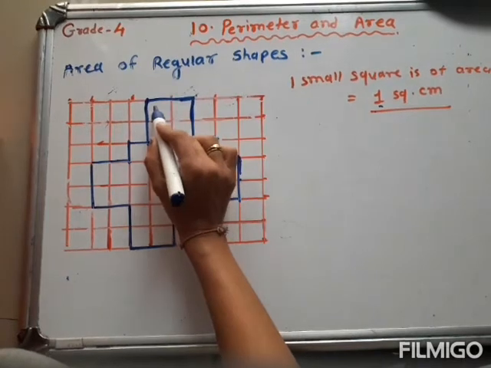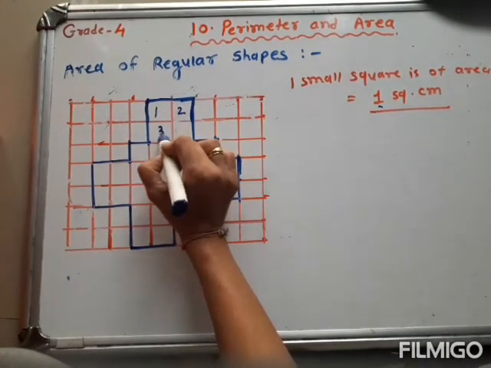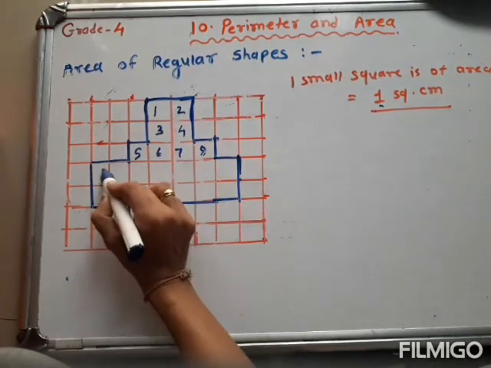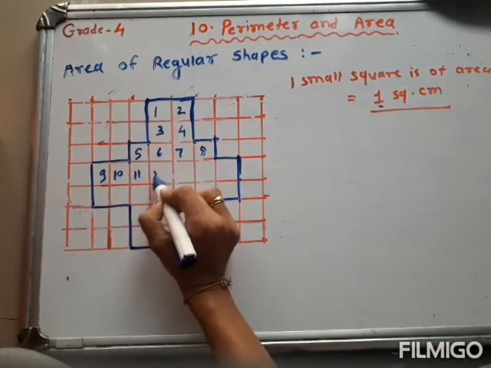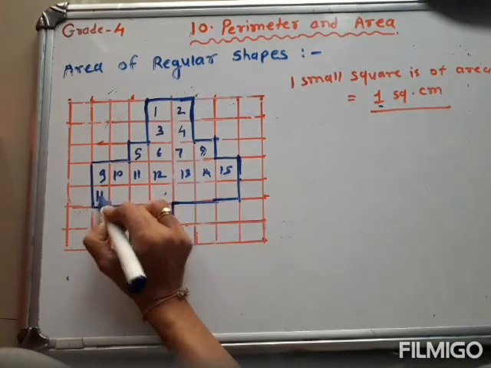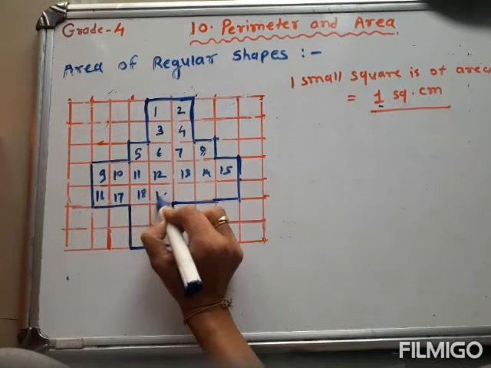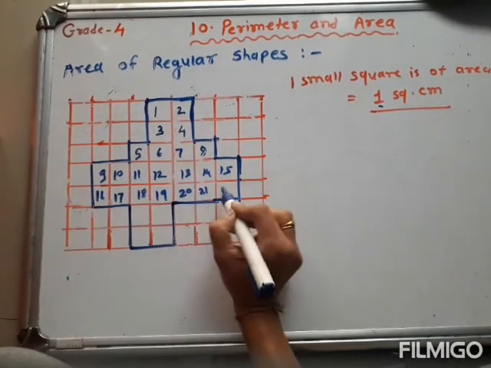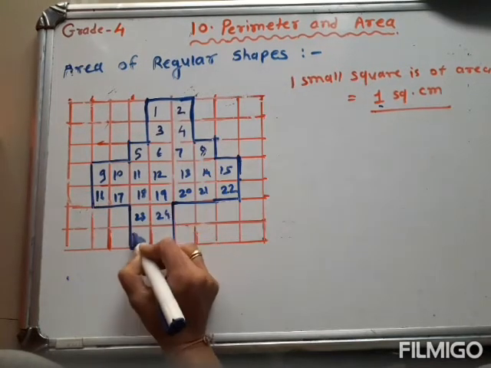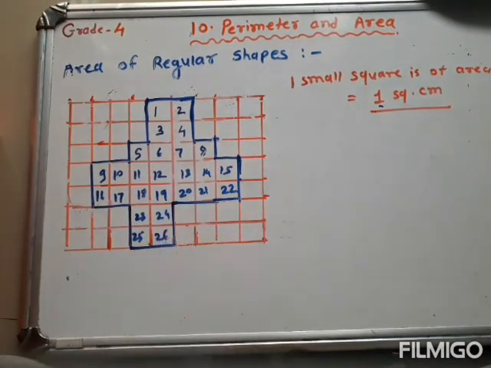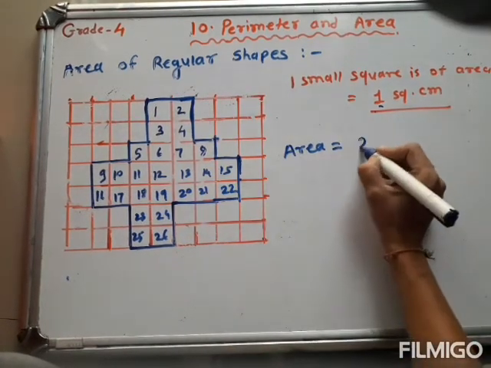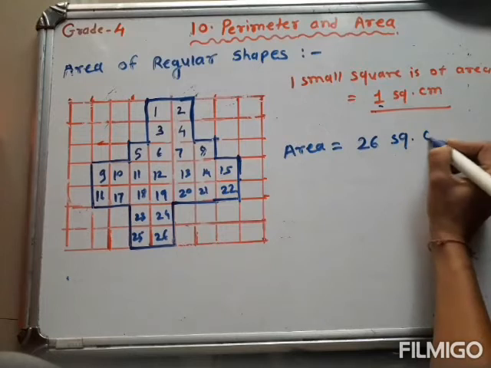So you have to count 1, 2, 3, up to 26. So the area of this figure is equal to 26 square centimeter.